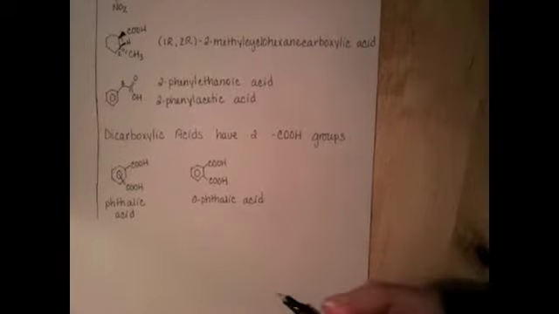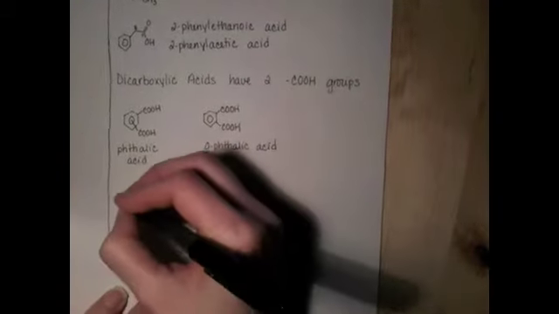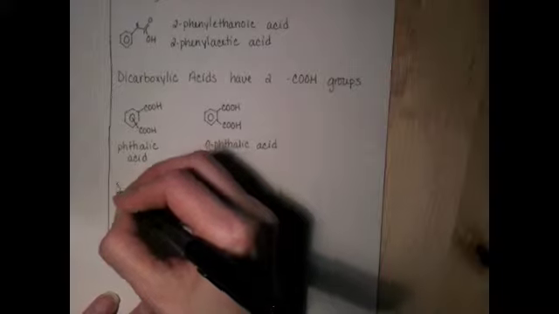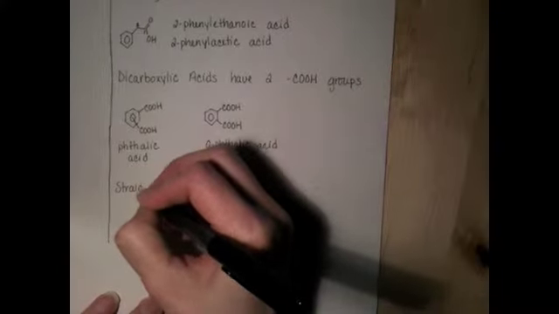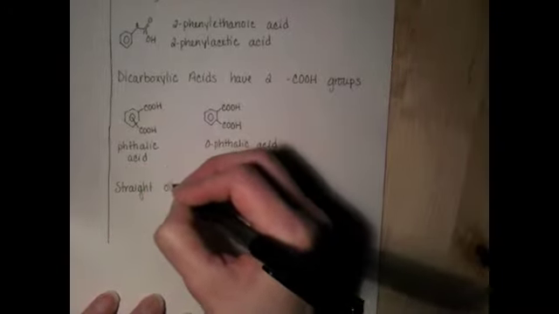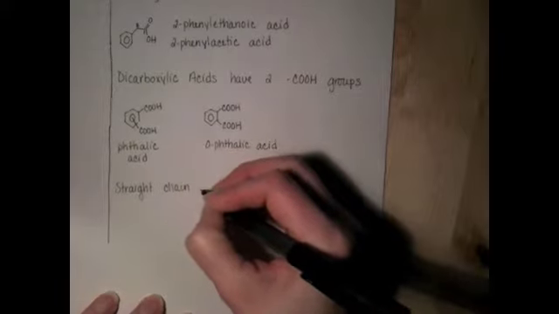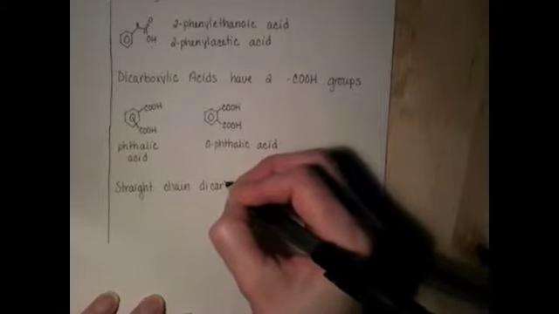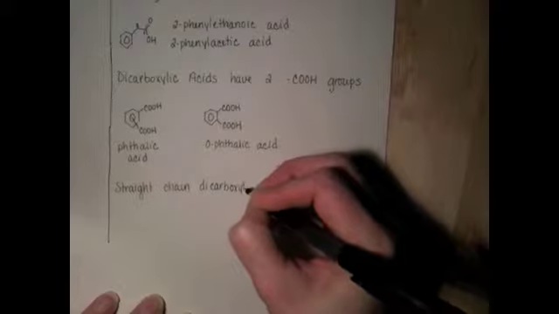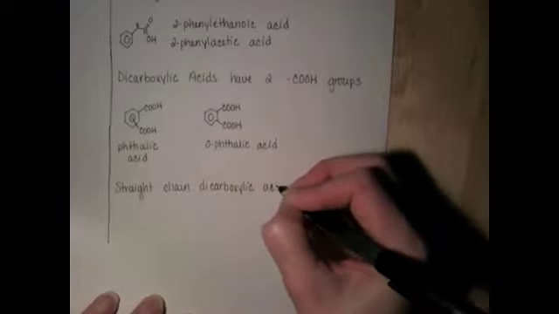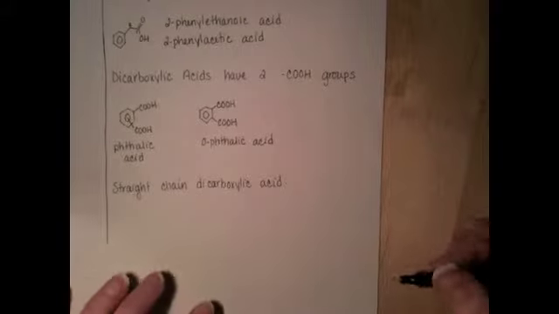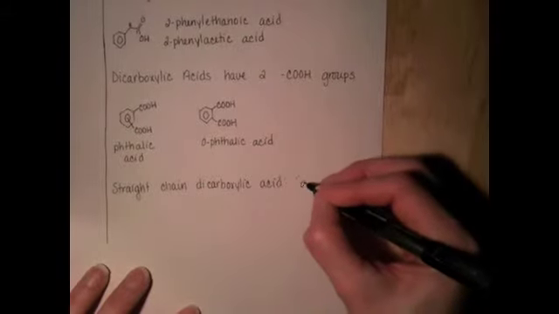If you have a straight chain dicarboxylic acid, you're going to name this molecule as an alkane dioic acid.